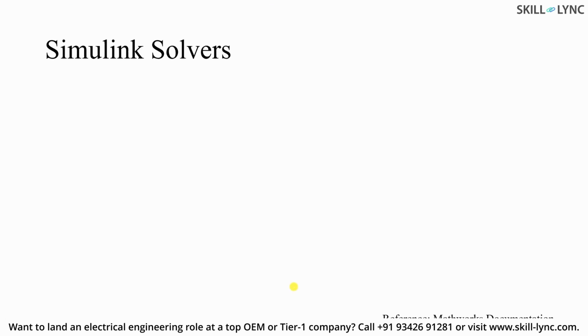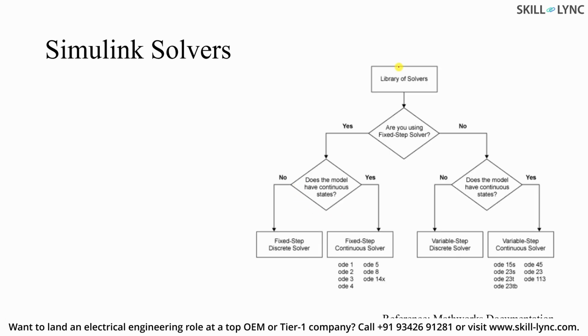So let's now understand what the Simulink solvers are. Here there is a library of solvers, and according to whatever your model type is, your solver will be decided. So let's understand the hierarchy that is followed in choosing the solvers for your simulation. Here is a flowchart, or a graph, which will help you understand the types of solvers.